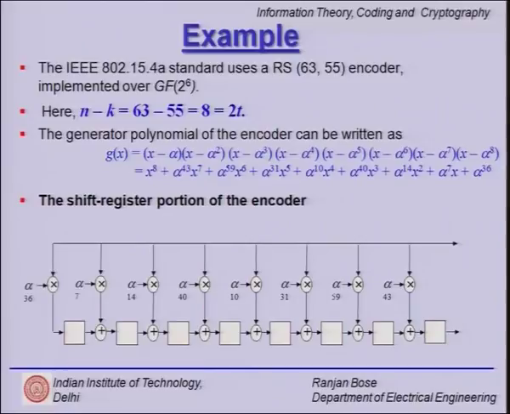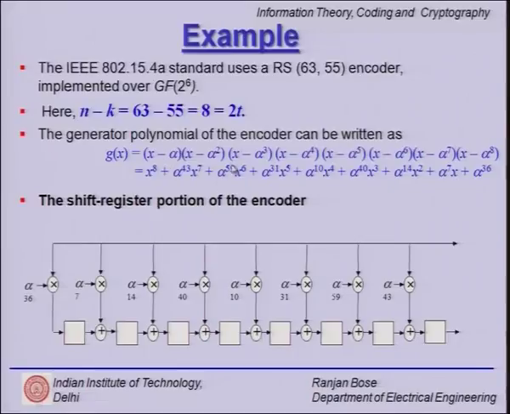So, let us look at a very simple example. This is from a standard IEEE 802.15.4a standard. It is an RS 63,55 encoder. So, it can be very easily implemented on an FPGA. So, here n minus k is 63 minus 55 equal to 8 is equal to 2t. Consequently, it is a 4 symbol error correcting code.